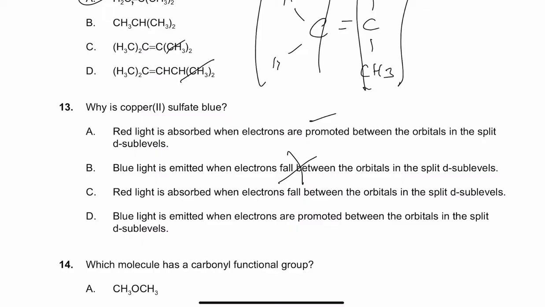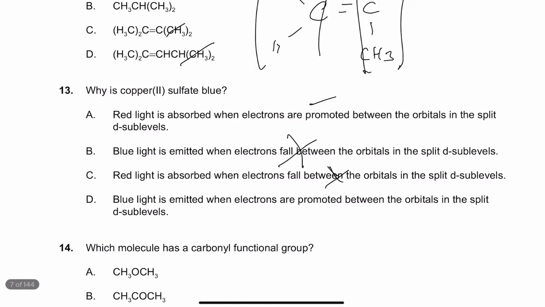Now, C, red light is absorbed when electrons fall between the orbitals. We know it's wrong because electrons are being promoted between the orbitals. They're not falling between the split d sublevels. Now, D, blue light is emitted when electrons are promoted between these sublevels. A common mistake is to think that, oh, blue light is here and blue light is in the question, so they must be related. No, blue light is not actually emitted.